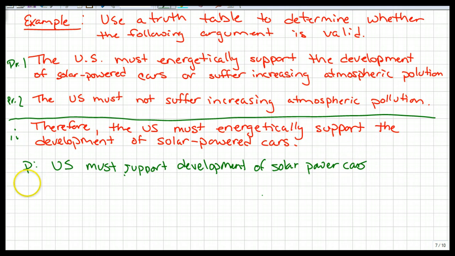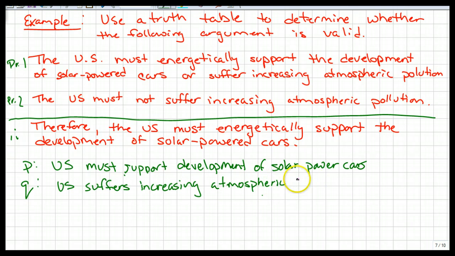Q would be the U.S. suffers increasing atmospheric pollution. So that is the first step you're going to take when you're writing these out.